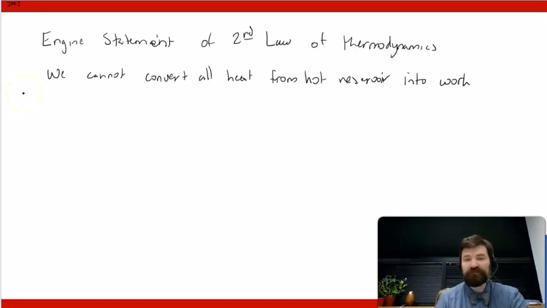Now, the specific statement is that it is impossible for any heat engine to undergo a cyclic process in which it absorbs heat from a reservoir at a single temperature and converts the heat completely into mechanical work. But this is a good summary of that law.